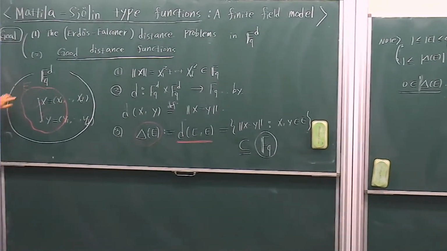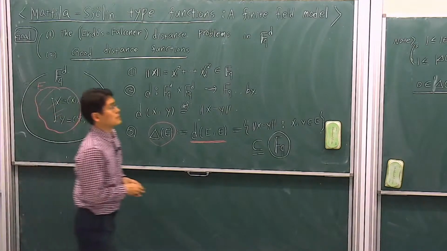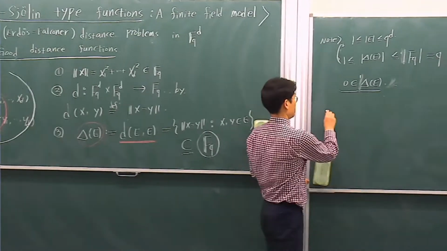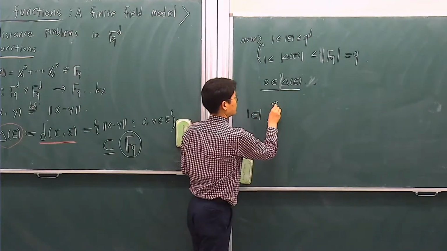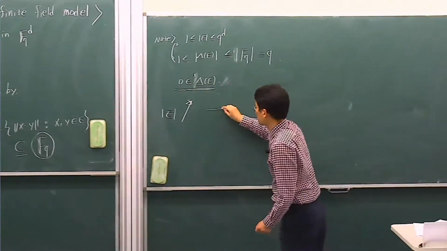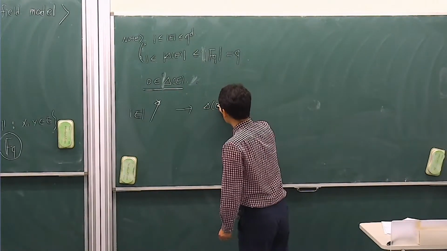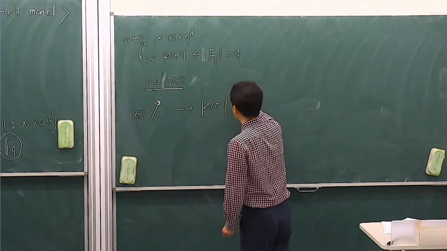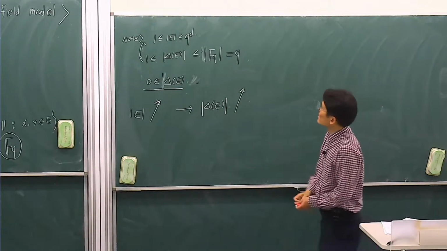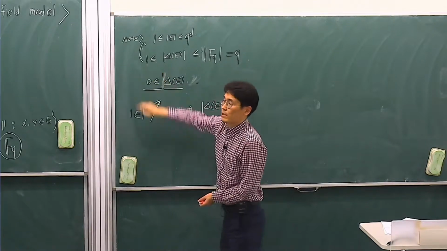You may expect that if the size of E is increasing, the size of the distance set is increasing, but q is the maximum value.